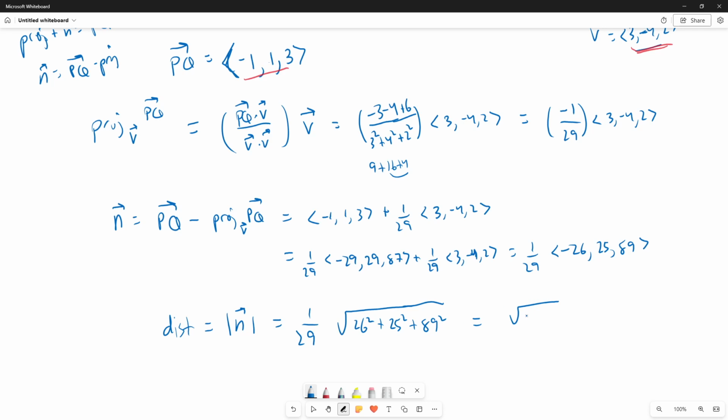The arithmetic on this is 9,222. And this one does not have any perfect squares in it. That number happens to be 2 times 3 times 29 times 53. So no perfect squares. That radical does not simplify in any way. So this is the exact distance between the point and the line.